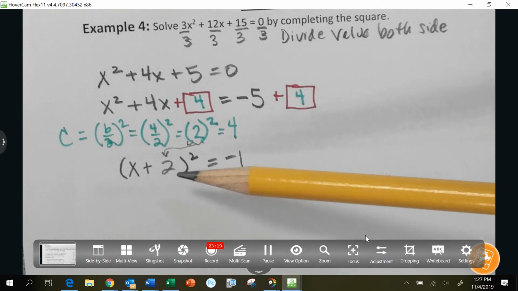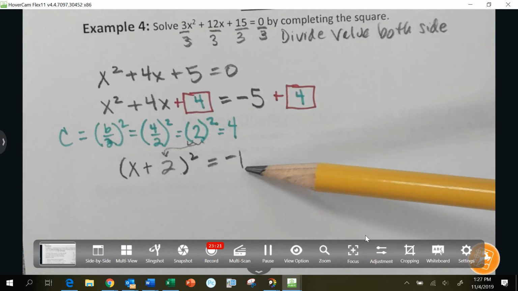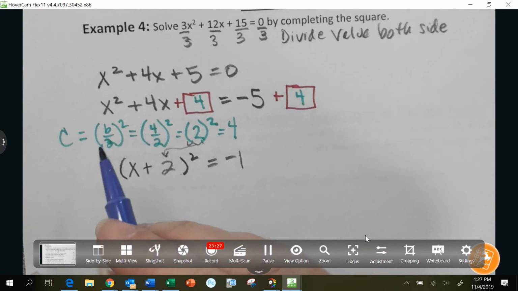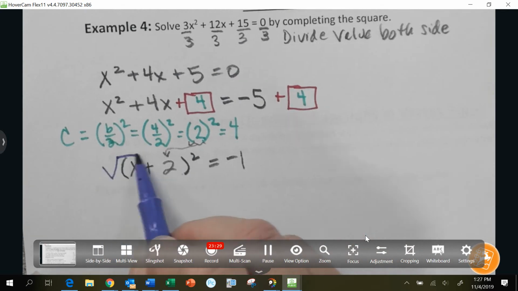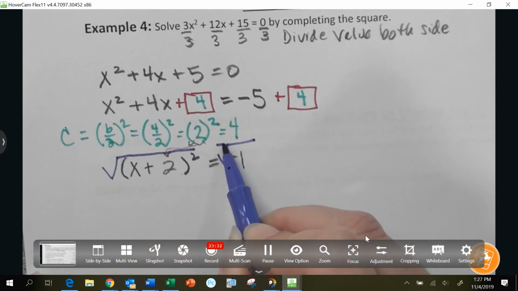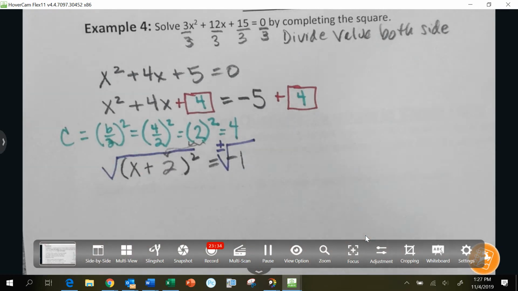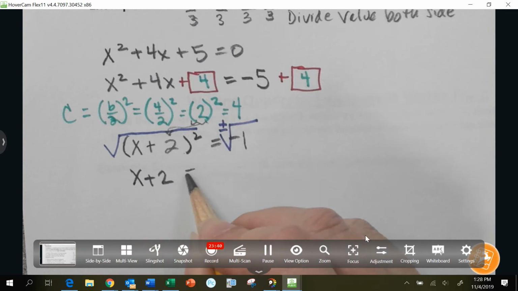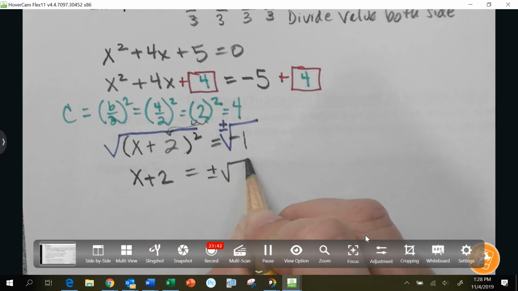So now I have it where it's something squared equals a number. What's my next step? Square root with a plus or minus. They are back, aren't they? So now I have x plus 2 equals plus minus square root negative 1.